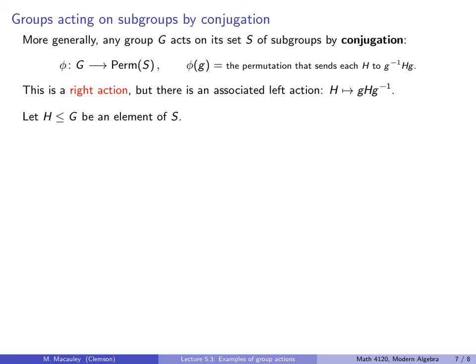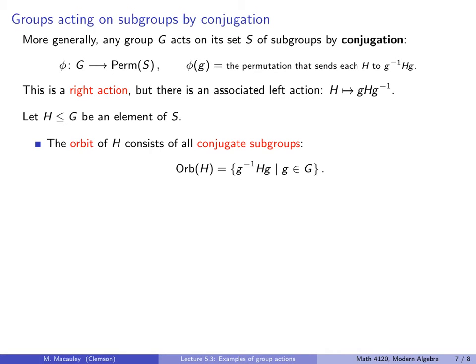Let's take an arbitrary element of our set, which is going to be a subgroup H of G, and let's try to understand the orbits, stabilizers, and fixed points. The orbit of H consists of all conjugate subgroups. So the orbit of H is the set of all G inverse H G, where G is an element in our group. So it's the set of all subgroups that you can get to by conjugation.